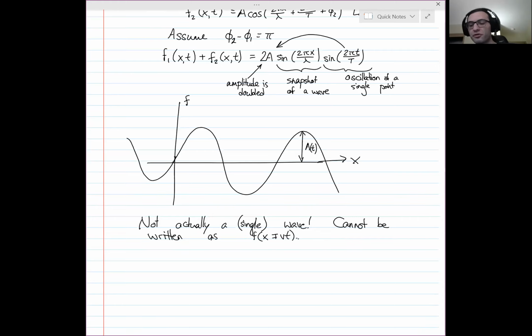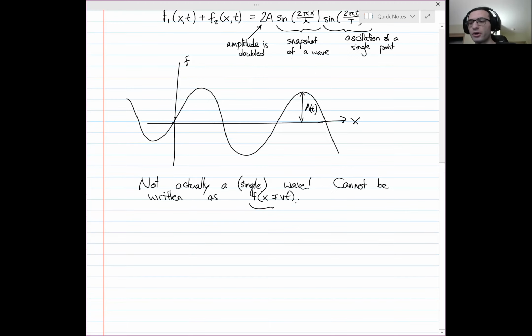And you'll find that if you were to plug this into the wave equation, which you're going to do something similar to on the homework, it still satisfies the wave equation. In order to write a wave function in the form f of x minus or plus vt, the wave has to be traveling in either the positive or the negative direction with that speed v.